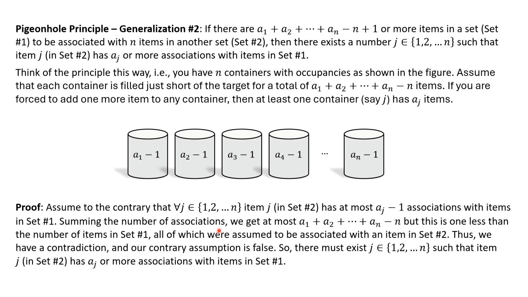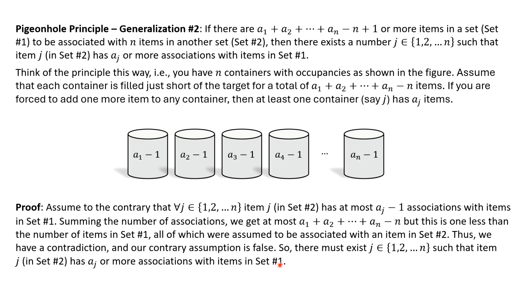Summing the number of associations, we get this quantity here, but this is 1 less than the number of items in set 1, all of which were assumed to be associated with an item in set 2. Thus we have a contradiction, and our contrary assumption is false, so there must exist some j from 1 to n such that the item j in set 2 has a sub j or more associations with items in set 1.